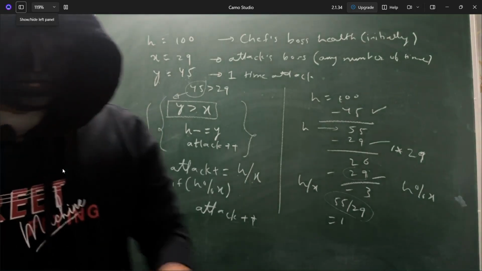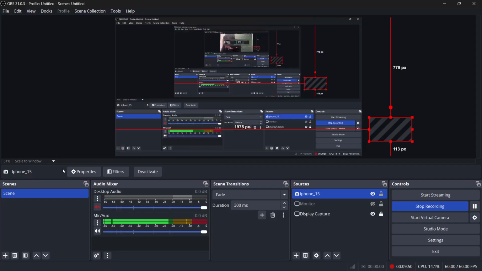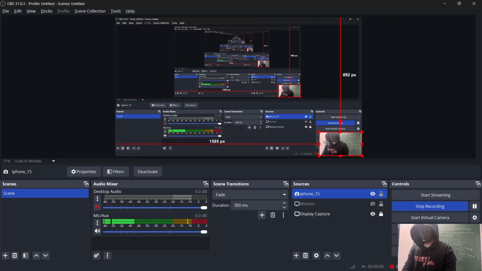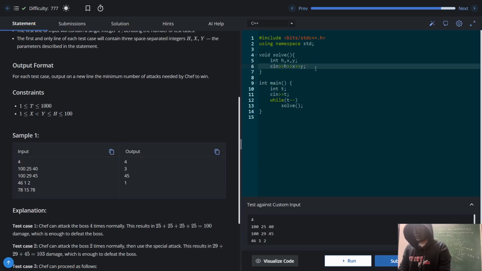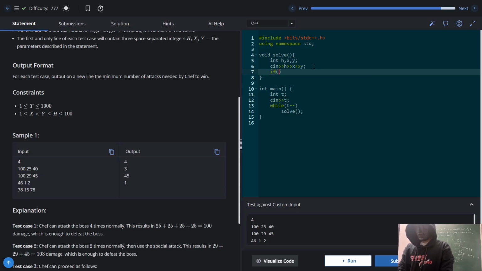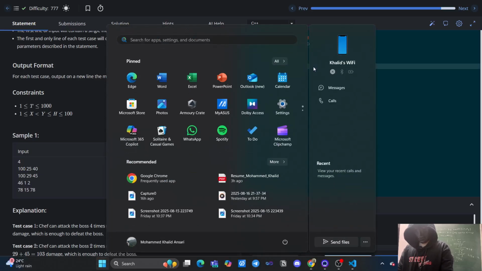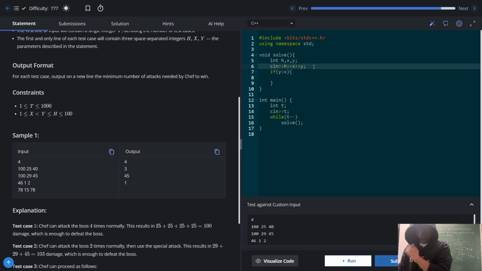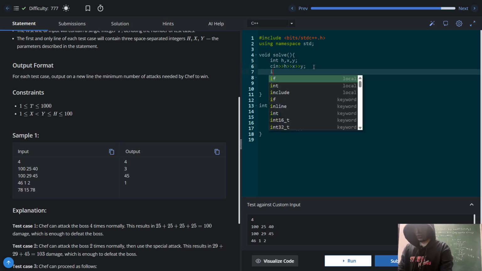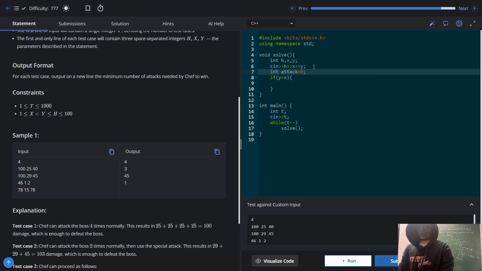So let's try to code it up. First, you will be checking if y is greater than x, and let me take here one variable, int attack, which will be 0 initially because I have not done any attack.